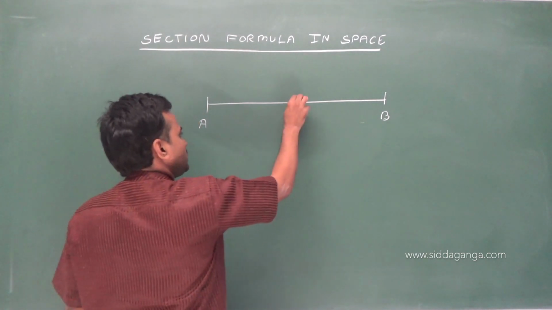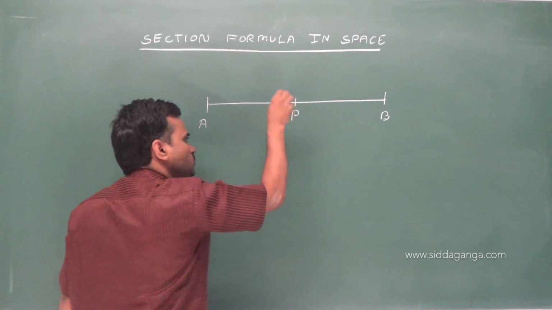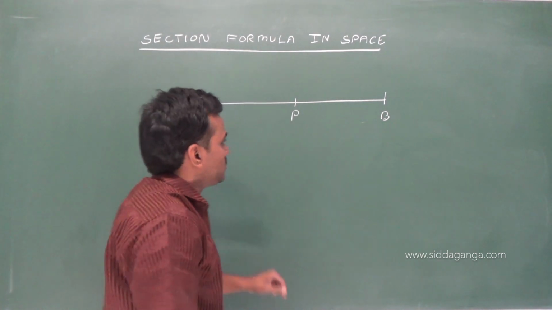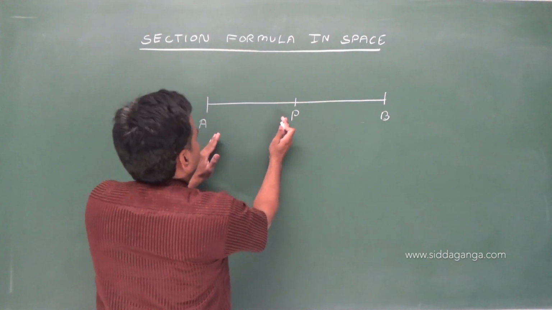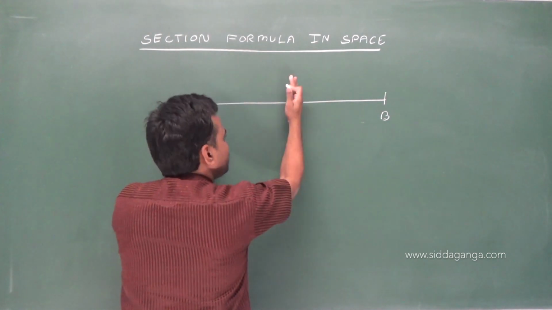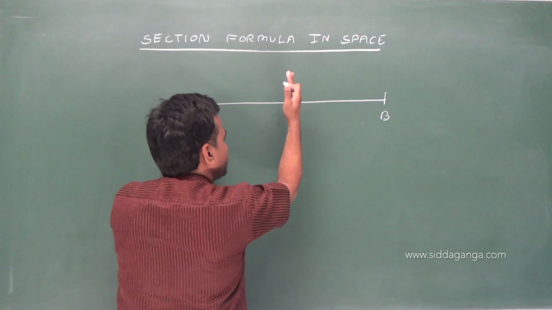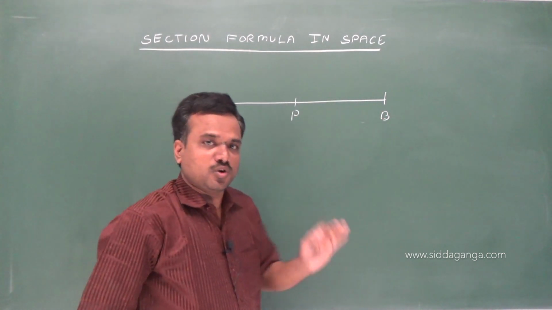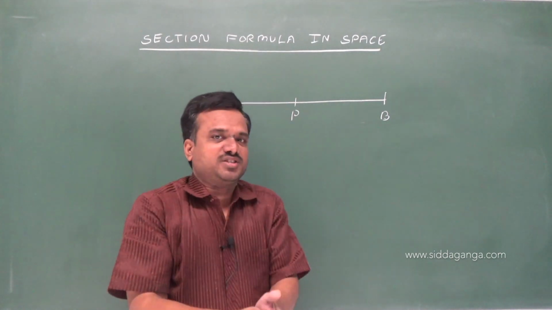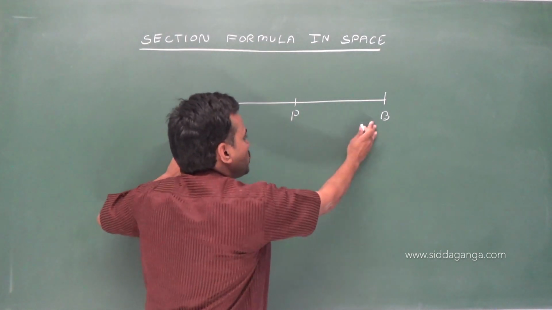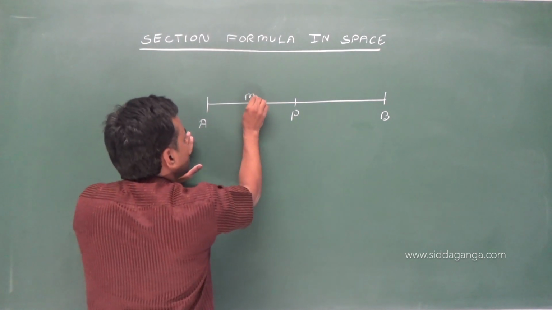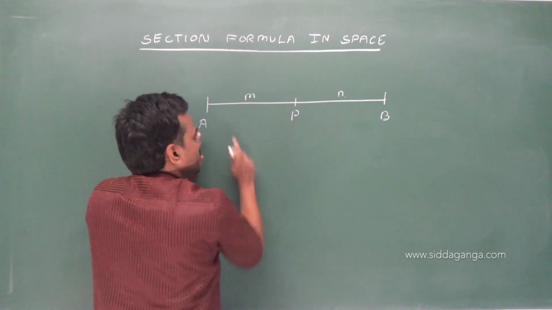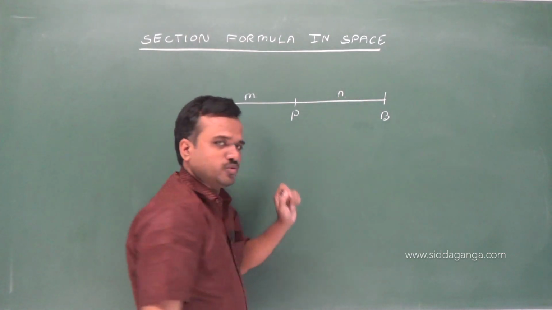Section means let P be a point, also in space. P divides the line joining AB in the ratio m is to n. That means AP is m, PB is n.